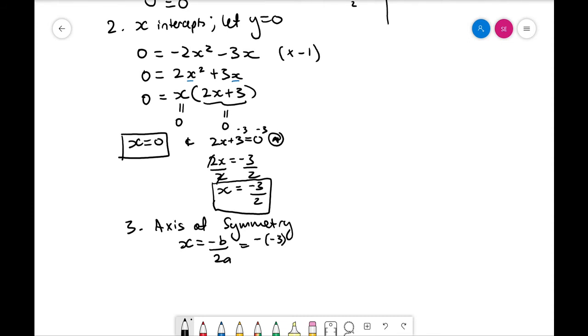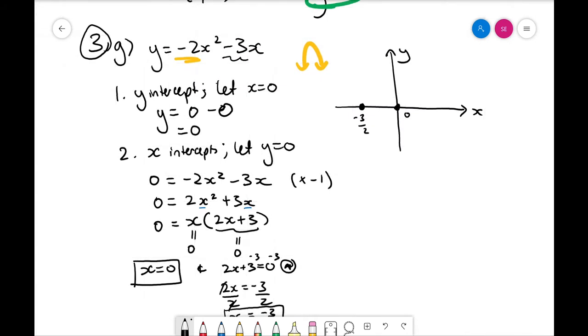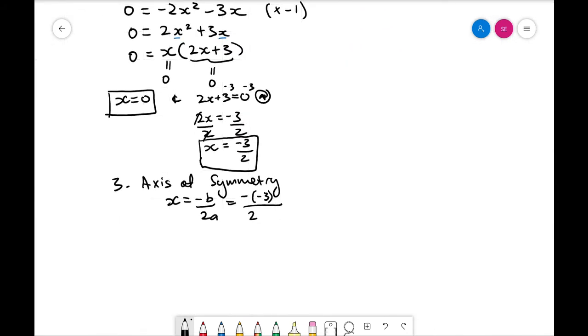So it's minus b, so minus 3. And our a is minus 2. So that'll give us 3 on top and minus 4 on bottom. So minus 3 on 4, which is minus 0.75.